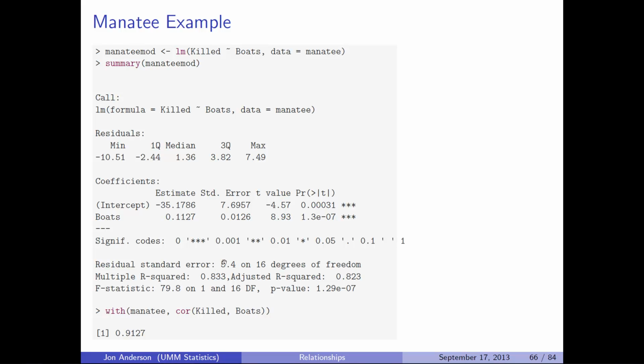Typical variation is about 5.5 deaths. So 11 deaths below the line is about 2 standard deviations, or 2 sigmas, below the least squares line.